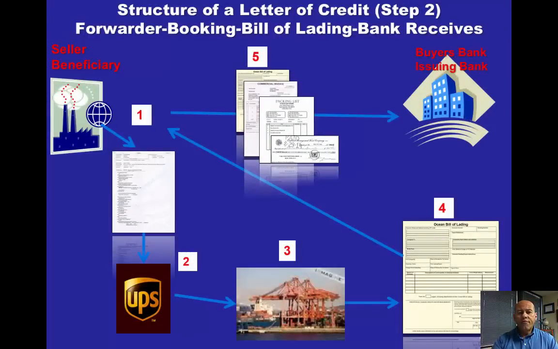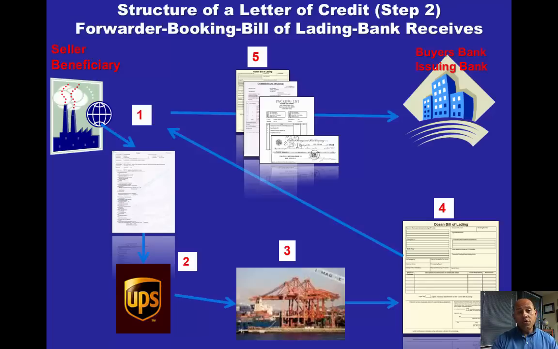Now, forwarders play a very important part in a letter of credit because they generate the bill of lading. So if we look here, we see the seller. The seller is going to get the letter of credit. They're going to perform against that letter of credit. Now, part of what they're going to do is communicate the terms and conditions of the letter of credit to their freight forwarder.